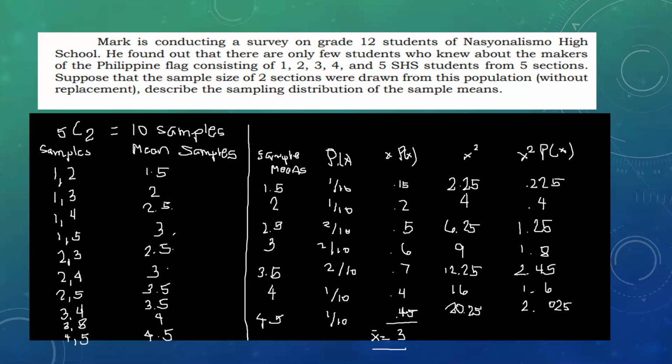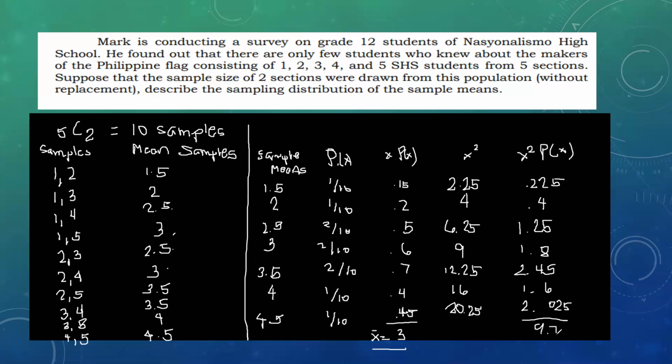So this will become 0.225 plus 0.4 plus 1.25 plus 1.8 plus 2.45 plus 1.6 plus 2.025. The answer is 9.75.